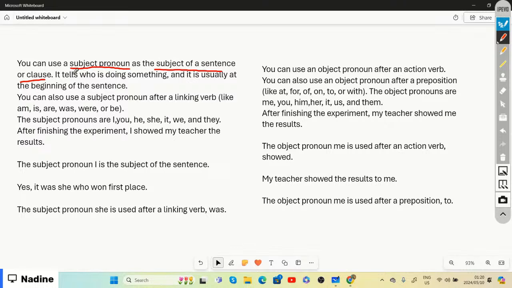Subject pronouns tell us who is doing something. And our subject pronouns are usually at the beginning of the sentence or clause.